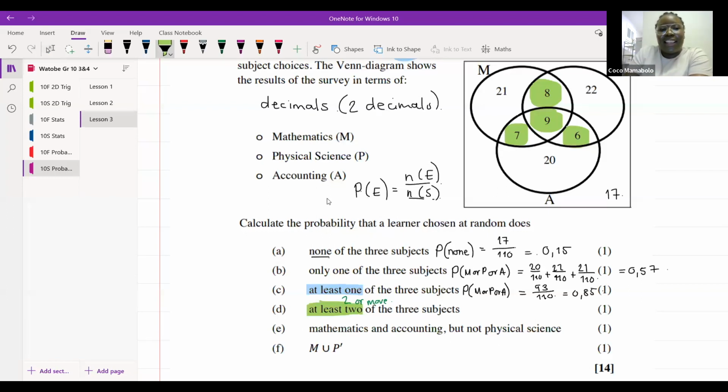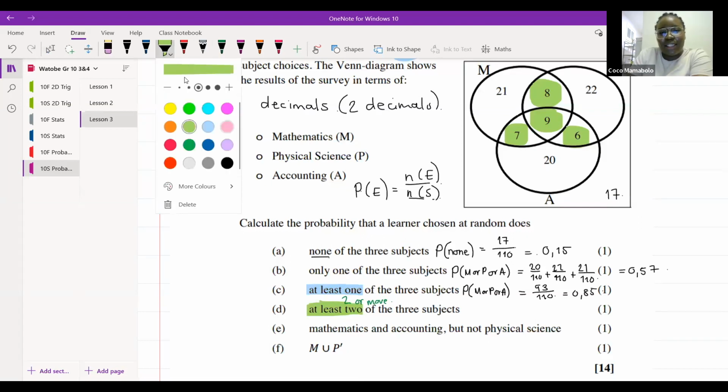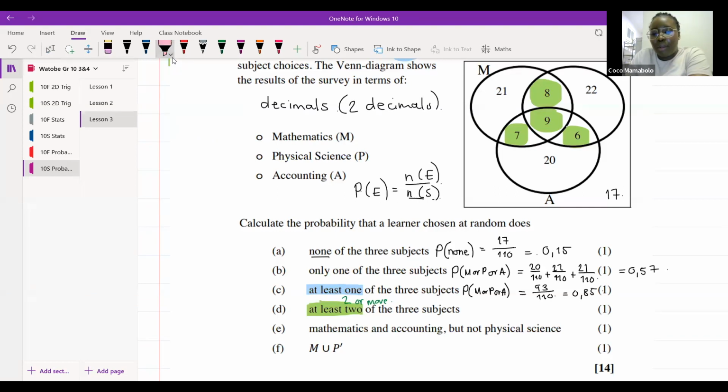Okay. All right. Now, let's think about this next one that comes here, guys. Let's look at this question. It says we need to count the probability. Guys, please give me the probability of at least 2 of the 3 subjects. What is the probability here? Count all of these numbers up together. 8 plus 9 plus 7 plus 6. That's 15, 22. That must be 30.